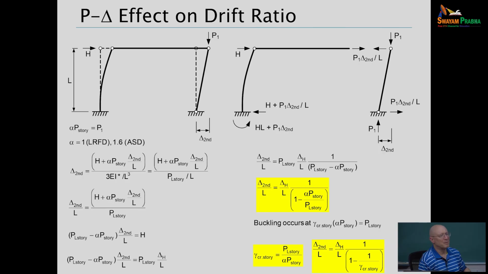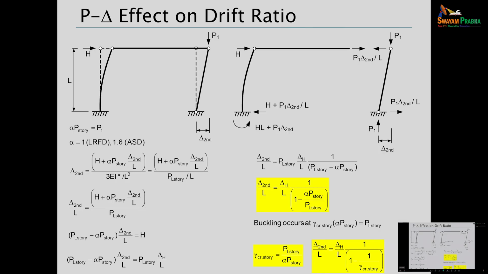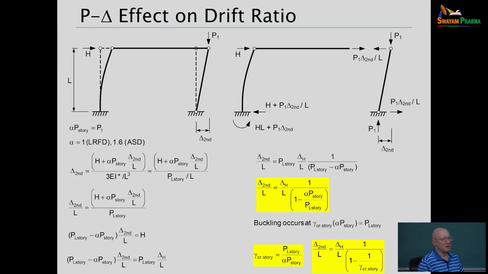Go ahead, question? P story is the load. Story, as you said, is the story stiffness, is it? Correct. So then it's stiffness in terms of drift ratio, then it's not dimensionally consistent, right? No, PL story, on the first slide, it's P divided by delta H by H something. Yeah, no, it's dimensionally consistent.